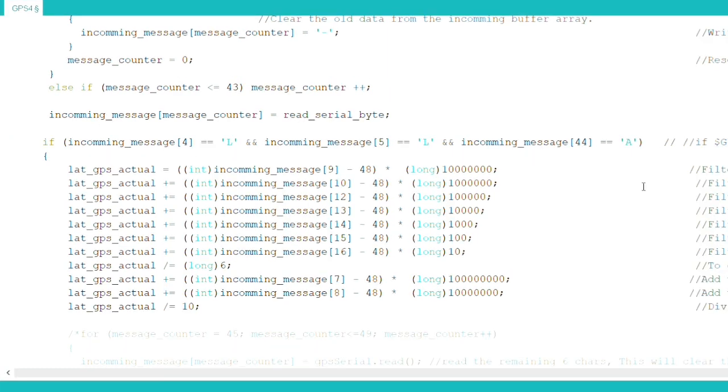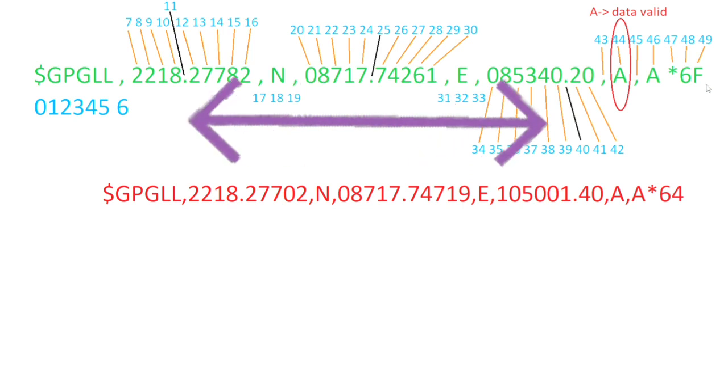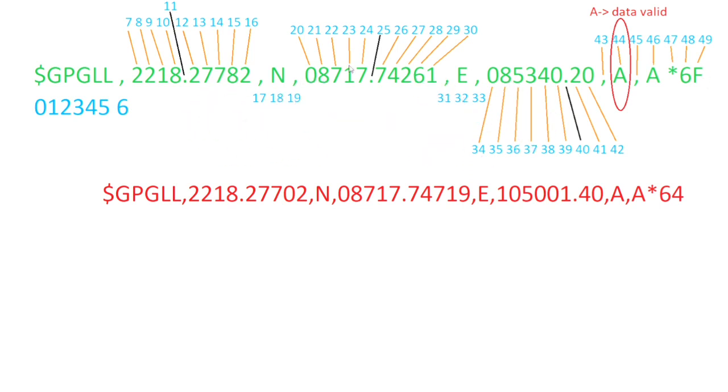So let me show you the structure of the data packet. On the screen you can see the structure of the serial information, or the NMEA sentence, that we are receiving. It will always start with this dollar sign, then GPGLL. So I am receiving only this sentence.